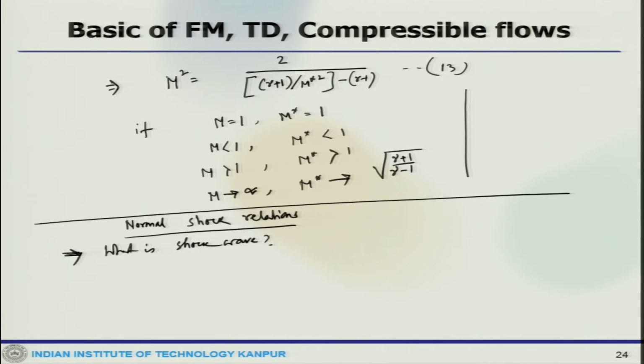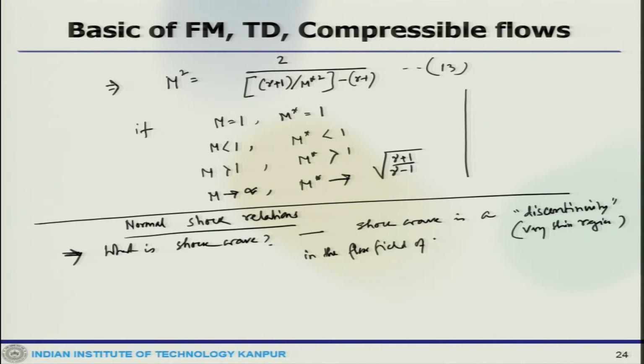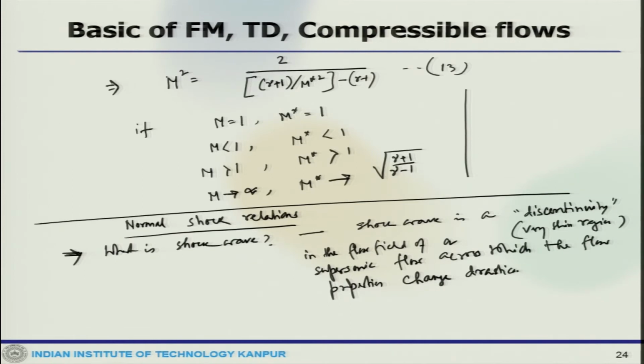Now, in a single way one can answer that: a shock wave is a discontinuity of a very thin region in the flow field of a supersonic flow across which the flow properties change drastically.